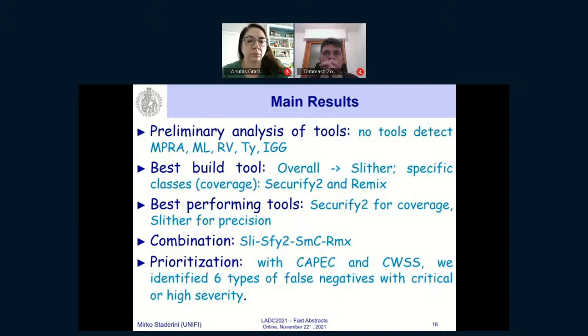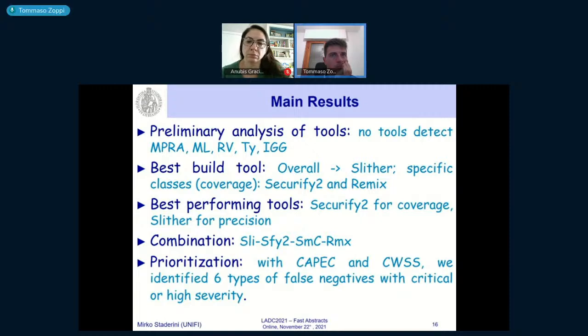Securify 2 is the best for coverage, and Slither for precision.